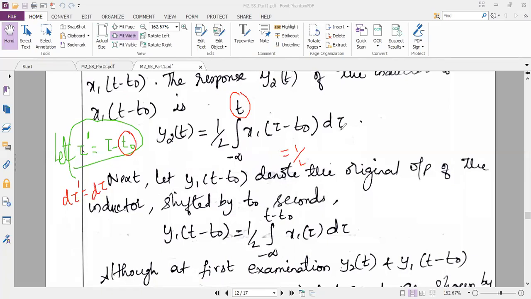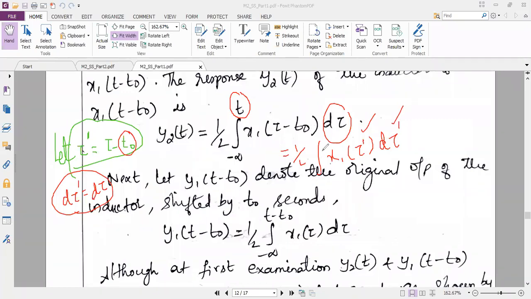So my d tau I can replace in the new equation, as I have not solved the limits of the integration. I have solved only the bracket term. My bracket term is x1 of tau dash, and d tau I can replace as d tau dash. So now my tau dash is matching, d tau dash is matching.